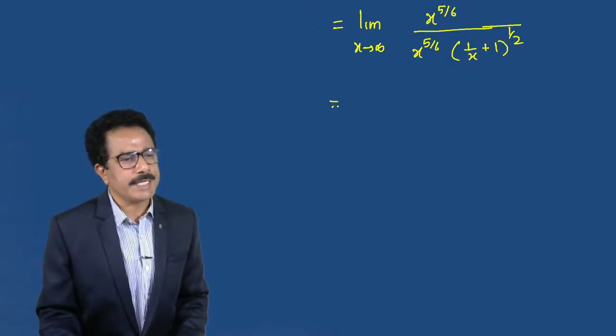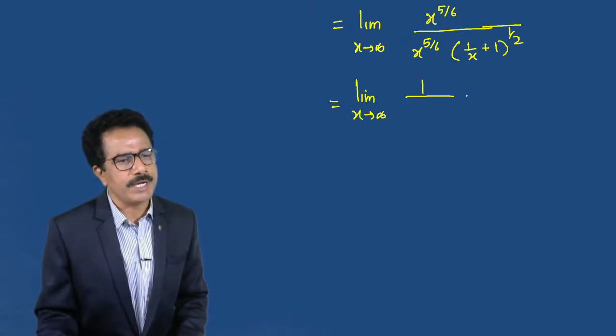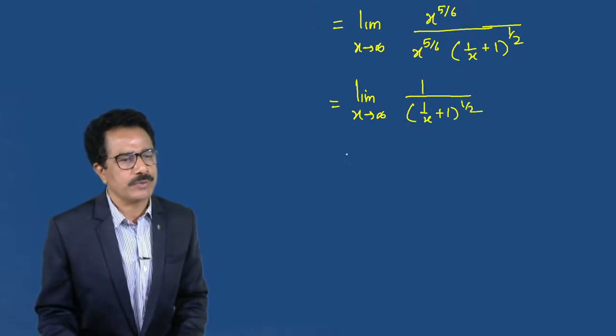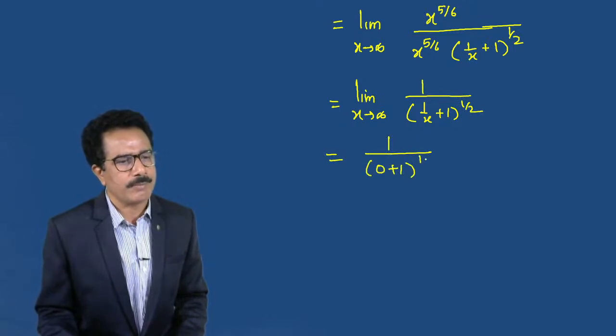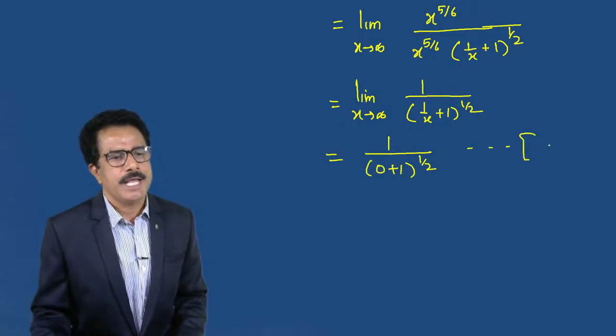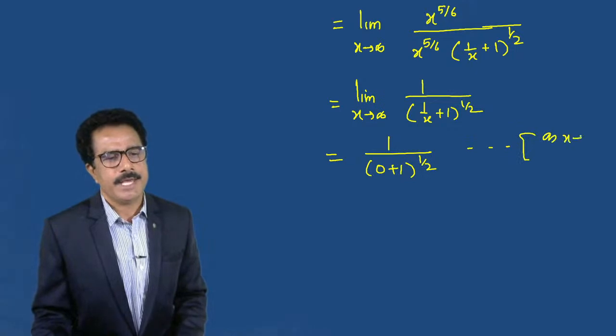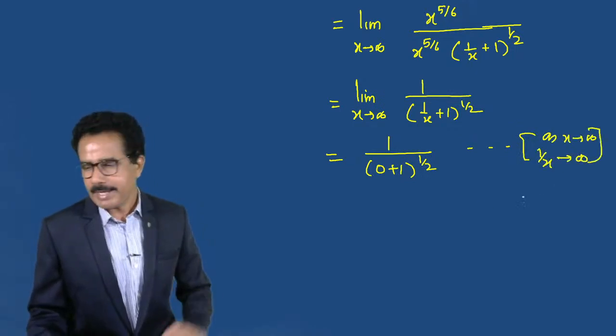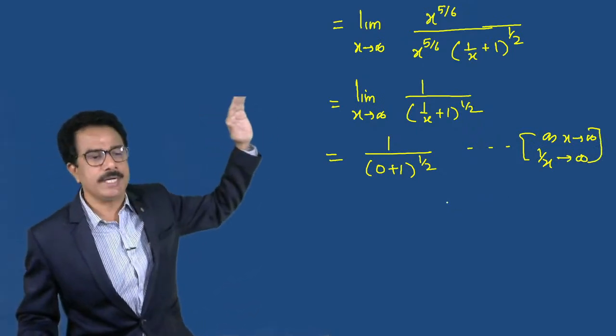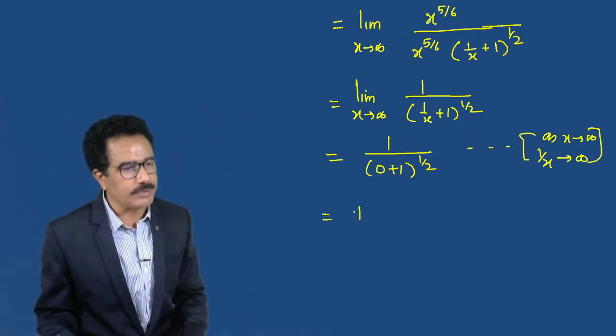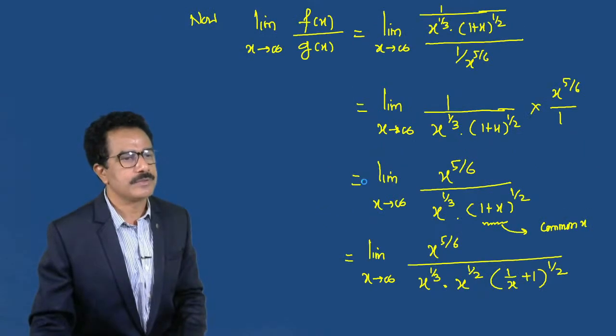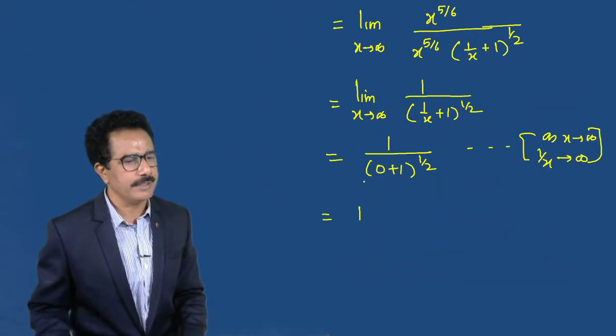So this will cancel, limit x tends to infinity of 1 divided by (1 by x plus 1) raised to 1 by 2, that is 1 divided by (0 plus 1) raised to 1 by 2. As x tends to infinity, 1 by x tends to 0, students. So we can write this as 1.